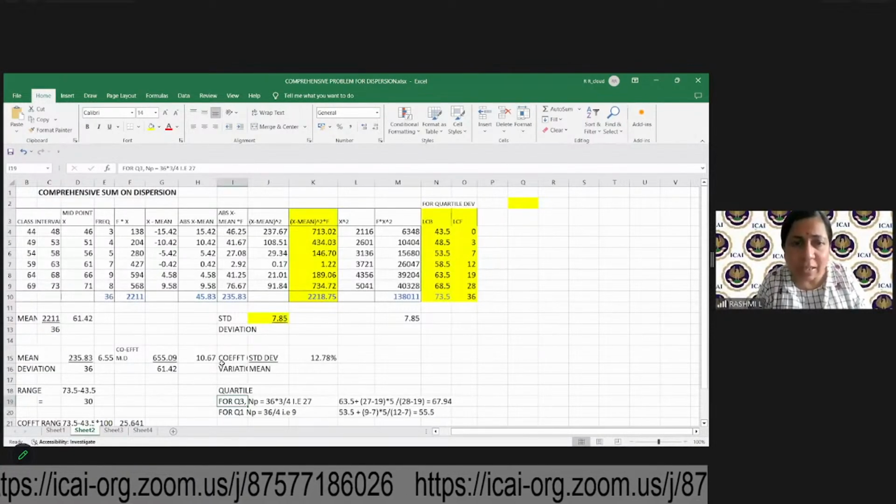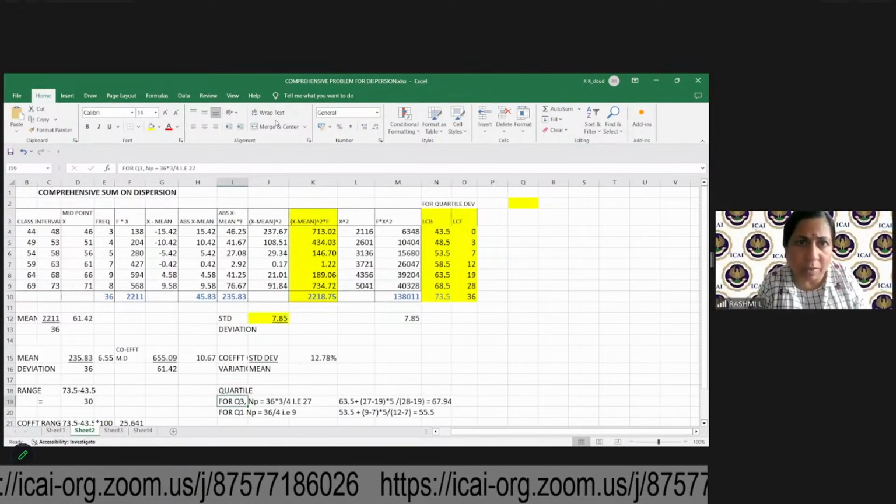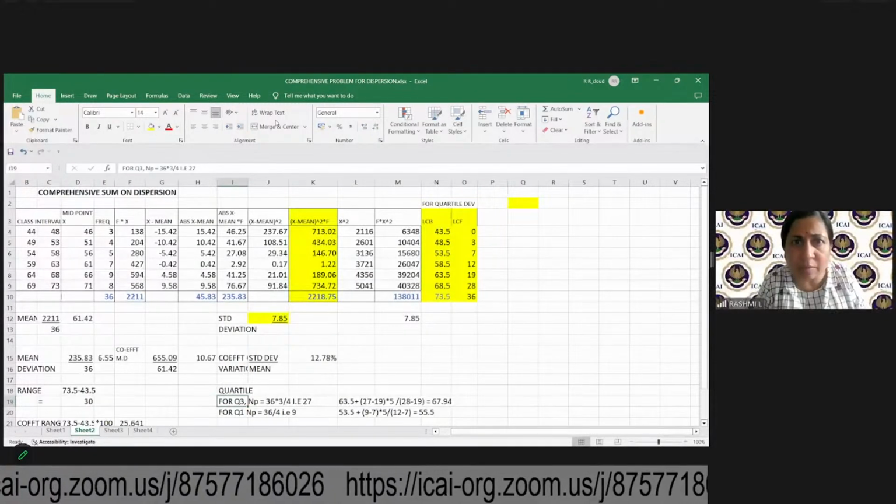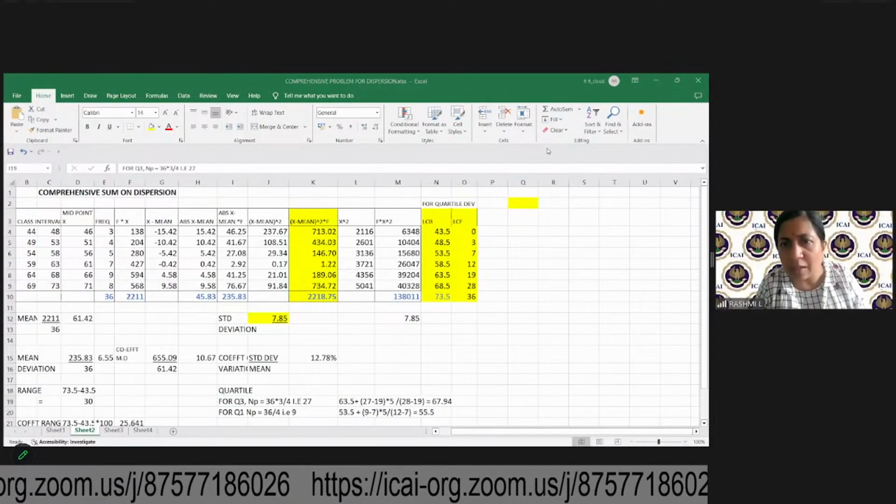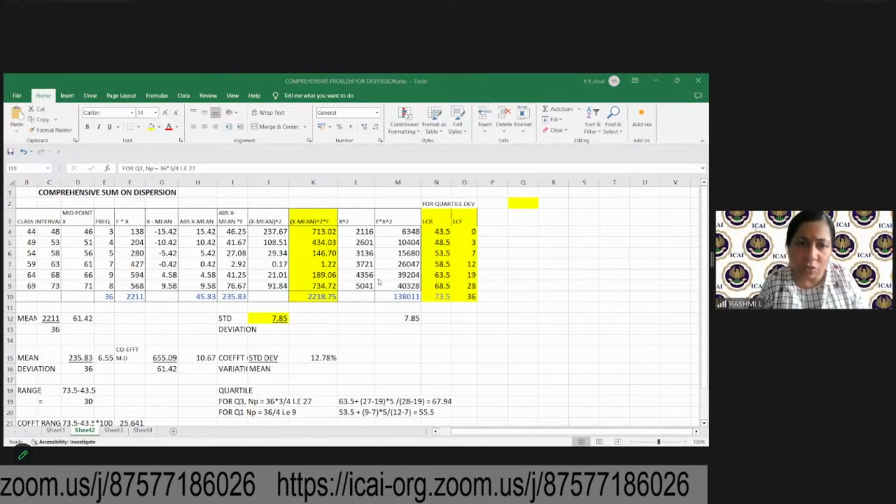Can you see the Excel sheet? Just let me know. Yes, okay, I have done this to save time.